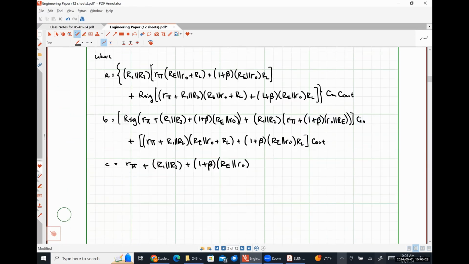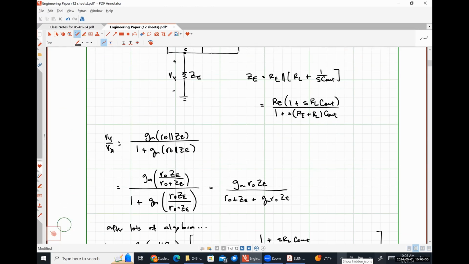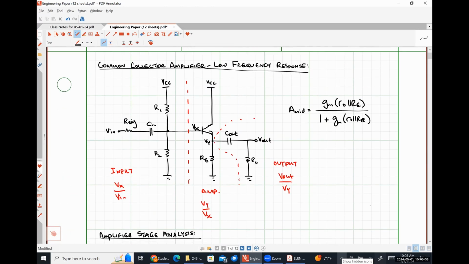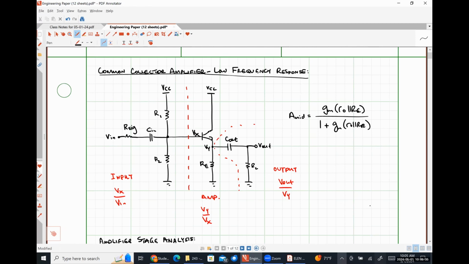let's look at what's going on with C out. Scrolling back up here. To the right, we're just going to see that resistor RL. That's pretty straightforward. Looking to the left, we're going to have RE, which I'm going to call RE in parallel with R naught. And then we're going to have whatever we see looking up into the emitter terminal, making a note that I already lumped R naught in parallel down here so that I don't count it twice.